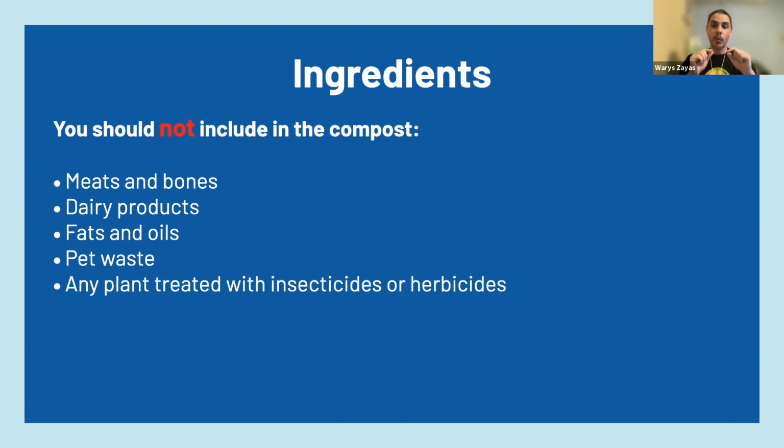But when we are new in this matter, I always advise people, especially if they are doing compost near or close to their homes, not to include meat, bones, dairy products, fat and oils, pet waste or pet manure, or any plant treated with insecticides or herbicides. Okay, let me explain this.